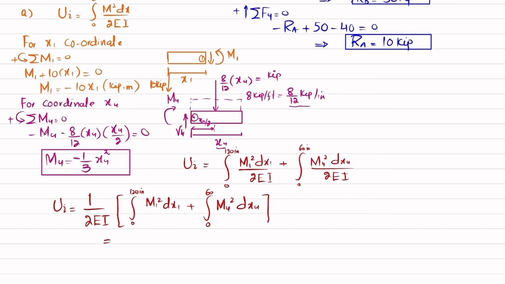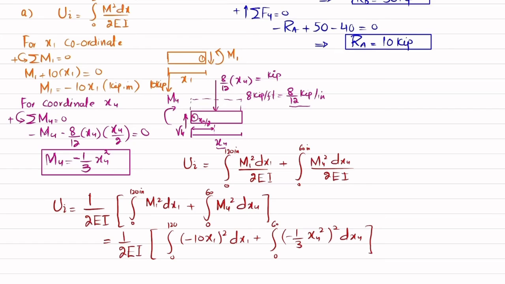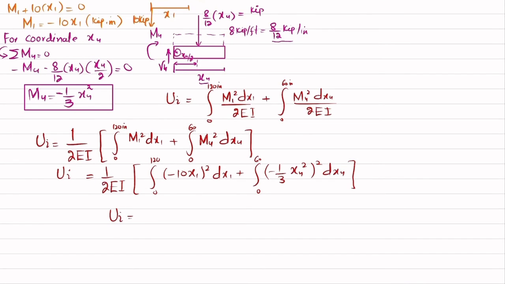So put the value: 1 over 2EI into the integral of 0 to 120 where M1 is minus 10 x1 square, dx1, plus the integral of 0 to 60 where M4 is minus 1 over 3 x4 square, whole square, dx4. So U_i will be equal to 1 over 2EI, and we will take the integral 0 to 120, it will be 100 x1 square dx1, plus the integral of 0 to 60 of 1 over 9 x4 power 4 dx4.